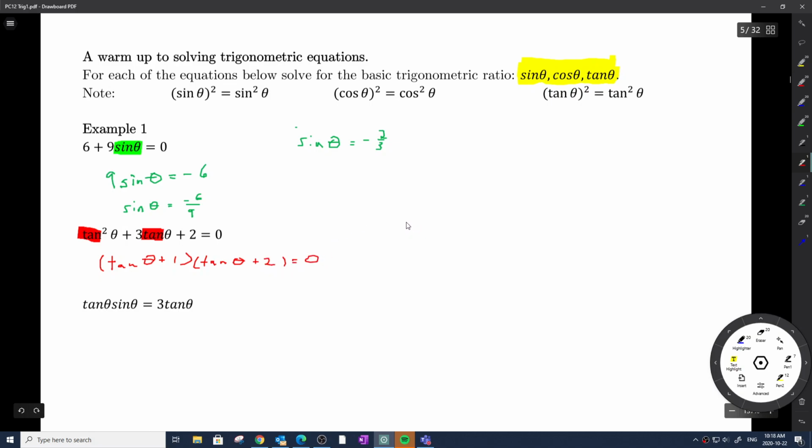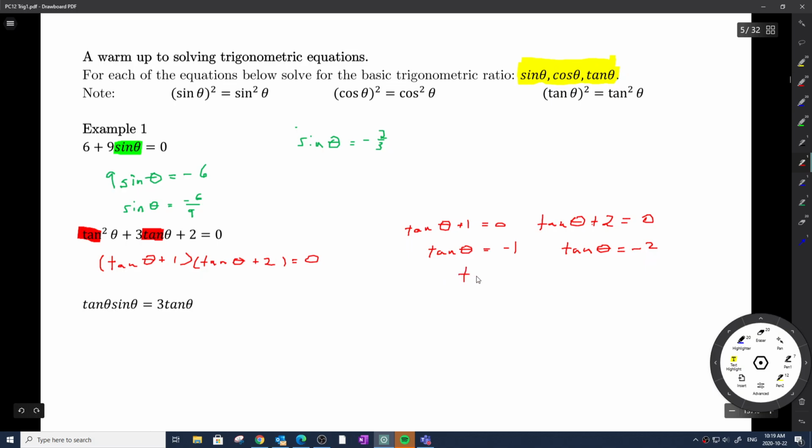The next thing I'm going to do is use the zero product property and equate both factors to 0. Then I'm going to solve both of these factors. So I can say tan theta is equal to negative 1, and if I subtract 2 from both sides over here, tan theta is equal to negative 2.